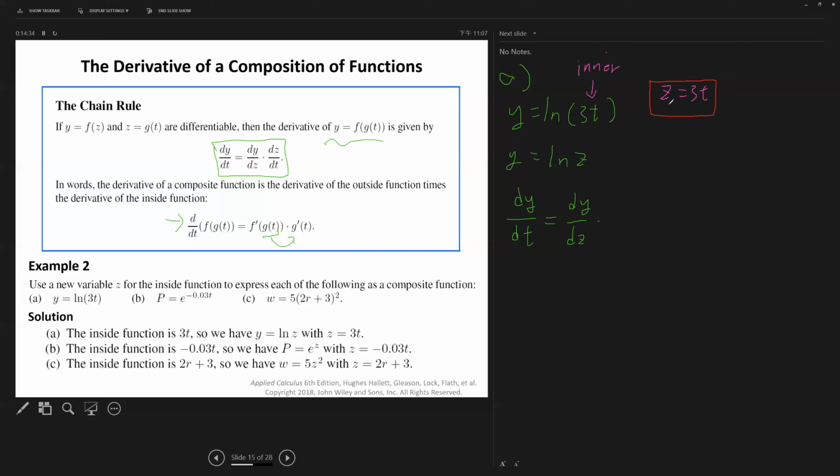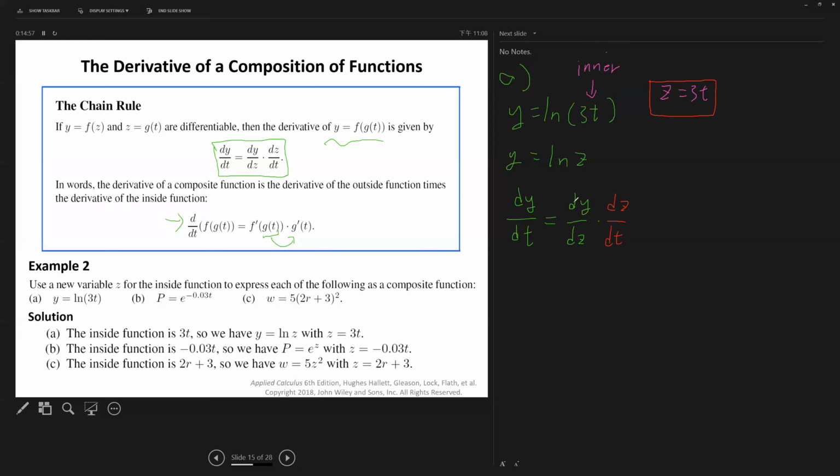That gives us the relationship between z and t, and using this, we can find out what dz dt is. Now, if you understand basic multiplication of fractions, you know we can simplify the dz like this, right? Then it just gives us dy dt, right?